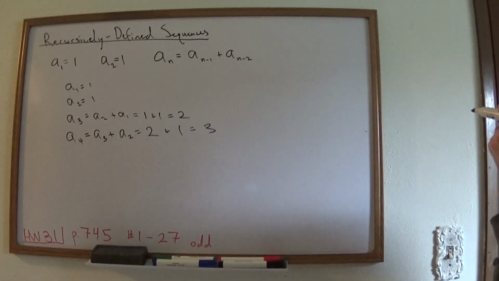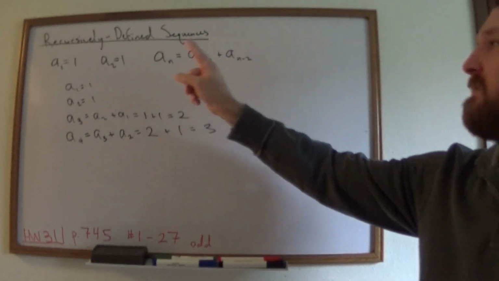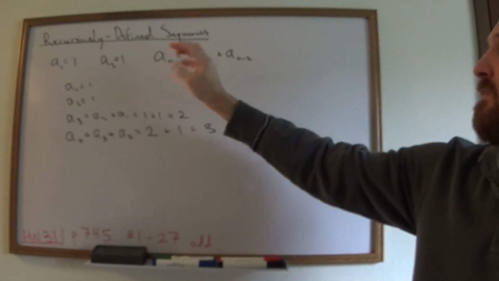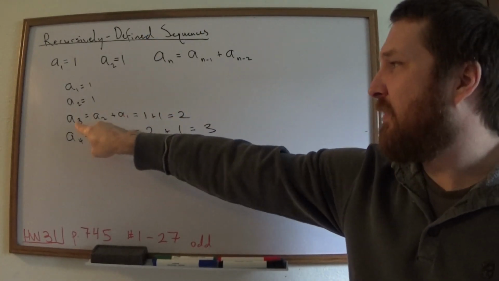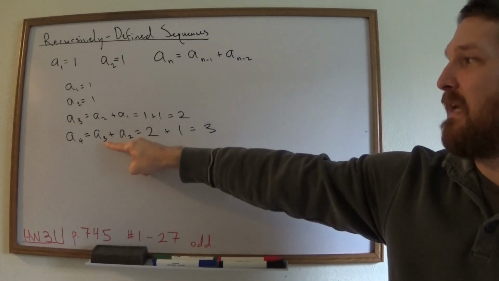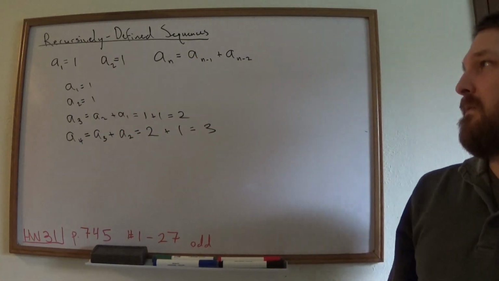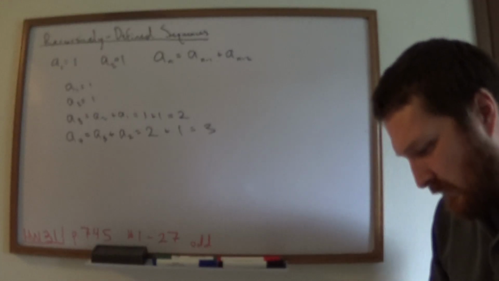And so this is what we call recursively defined, because this is recursive. It's recursion. This right here, where you take something and then you put it back in, because like we saw, that's how we got 3, but then 3 goes back into the definition of the thing itself. That's what recursion is. That's another way you could define a sequence.